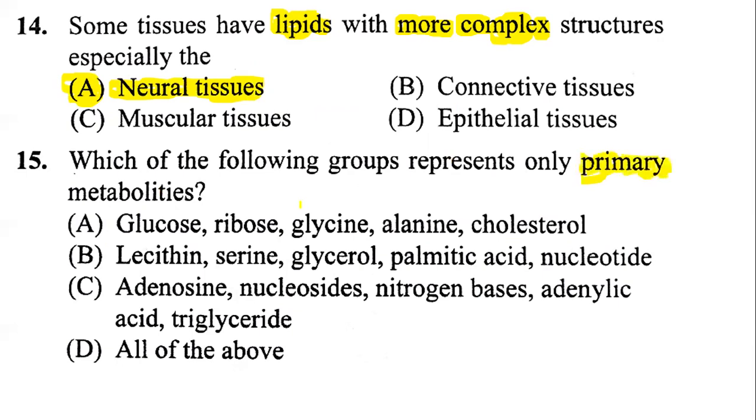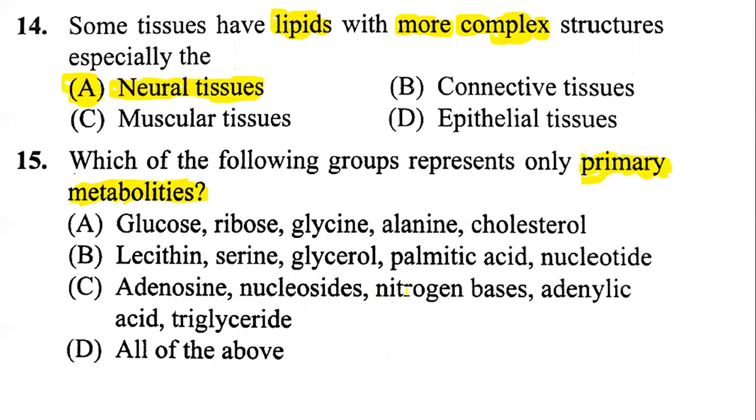You have to identify only primary metabolites. In the table, we have emphasized these secondary metabolites. Alanine, glucose, nucleus and nitrogen, yes, primary.